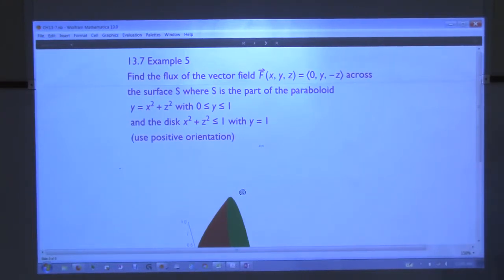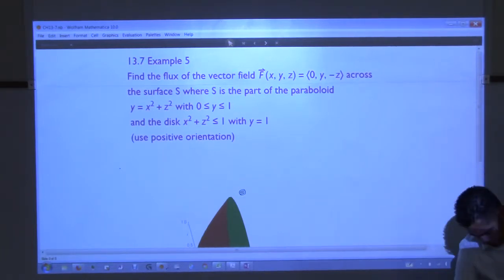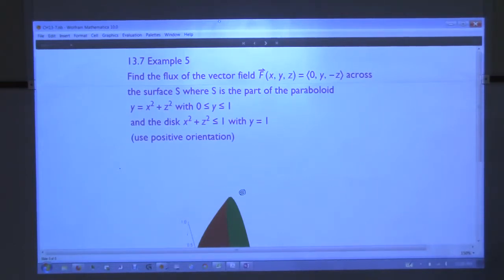Let's get rolling here. We were calculating flux last time, and we had several formulas. So we're going to pick up where we left off. Go ahead and read through this.